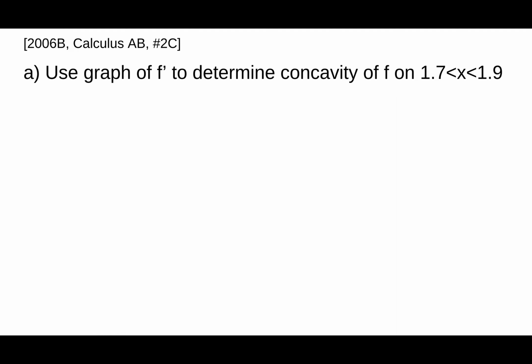We do know the graph of f prime though, so we want to establish a connection in our reasoning between the graph of f prime, properties that it has, and how that corresponds to properties of the second derivative that we would need to discuss.